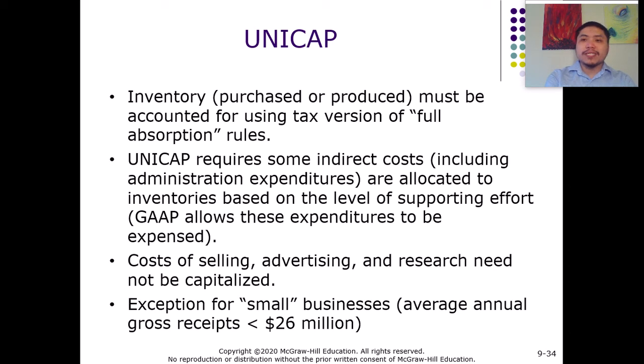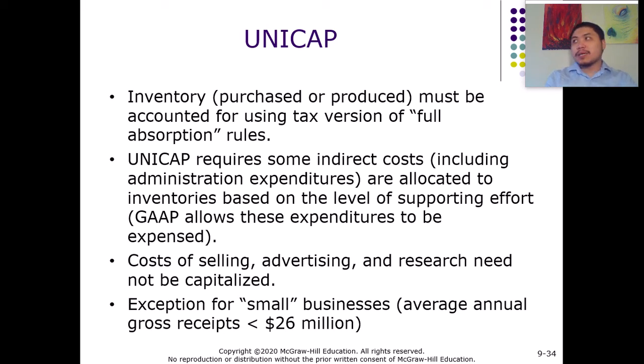Basically, we only capitalize certain items, those items include direct costs and only a few items of indirect costs, right? But under UNICAP, the range of items that are required to be capitalized is going to be broader than GAAP. So under UNICAP, some indirect costs, such as costs related to administration expenditures, may also need to be capitalized, right?